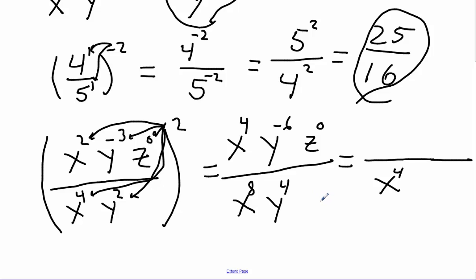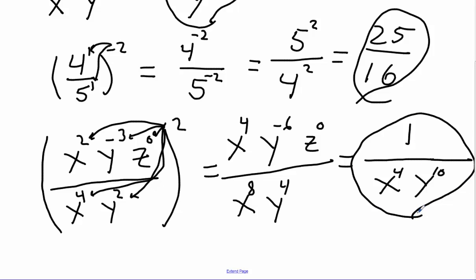So we are going to subtract 4 minus a negative 6, which gives us a positive 10. Don't fall into the trap of forgetting how to subtract negative numbers. There's another way you can do this one, but I like doing it this way with the quotient rule. And then z to the 0 just goes to 1.